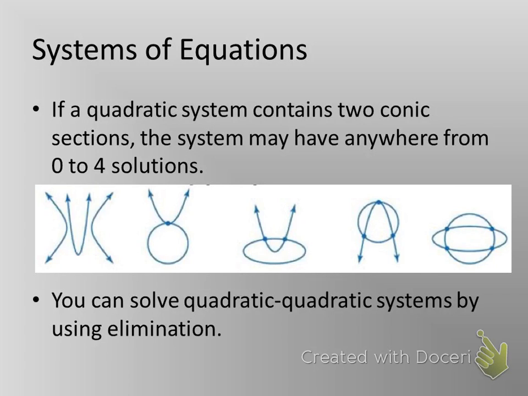You won't go more than 4. There's an example of each one graphically in that pretty picture, of why it works the way it does. You could have a parabola stuck between a hyperbola where they don't intersect at all, a parabola going off of one point of the circle with the vertex intersecting, a parabola and an ellipse, a circle and a parabola, 2 ellipses. What you care about is where they intersect.